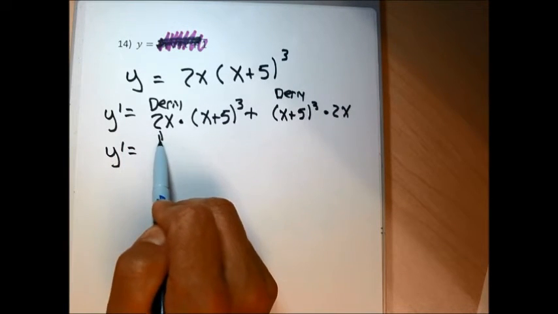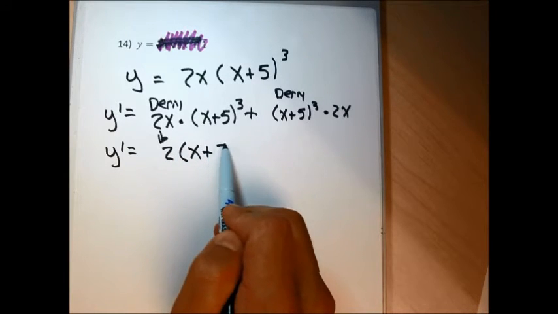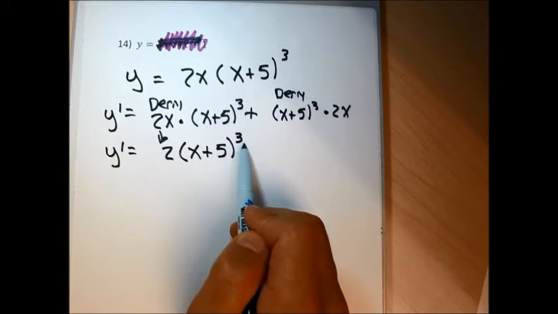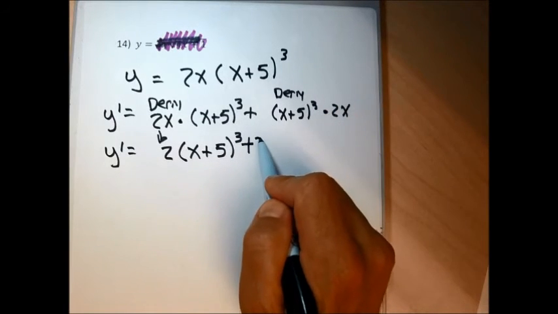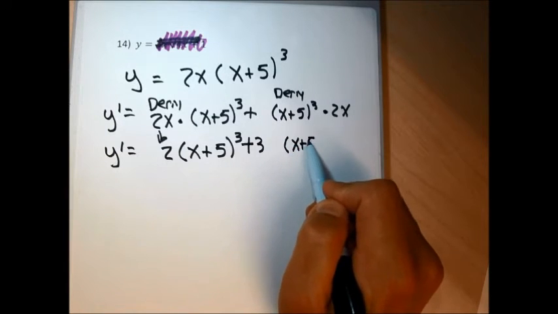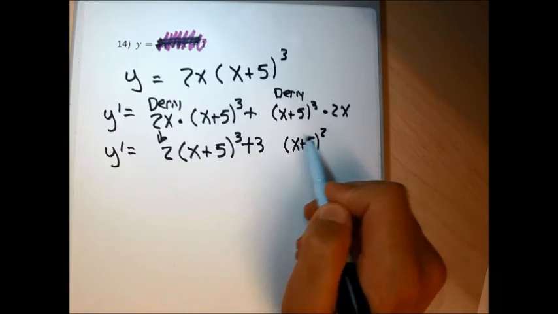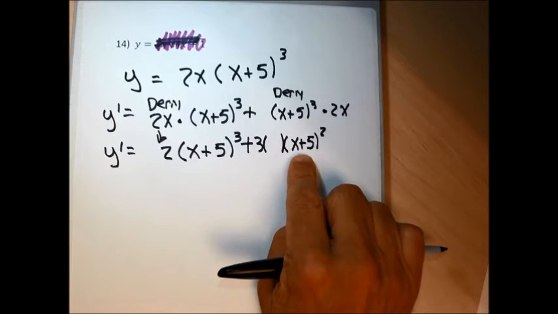The derivative of 2x is just 2, so the first piece is going to be 2 times x plus 5 cubed. Second piece is a chain rule, so I bring the 3 out front. I lower the exponent by 1 and get 3 times x plus 5 squared. I leave myself some room, and where that room is, I take the derivative of the stuff inside the parentheses.